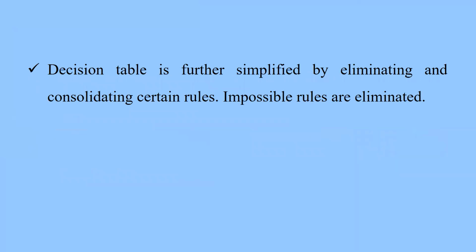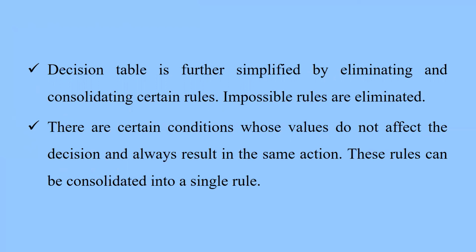The decision table is further simplified by eliminating and consolidating certain rules. Impossible rules are eliminated. There are certain conditions whose values do not affect the decision and always result in the same action. Such rules can be consolidated into a single rule.